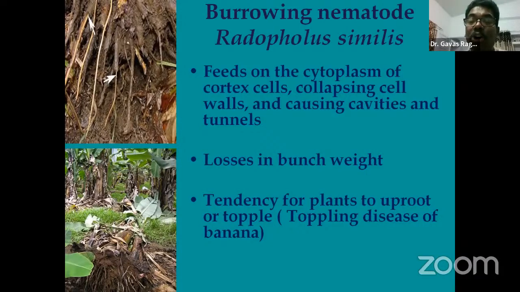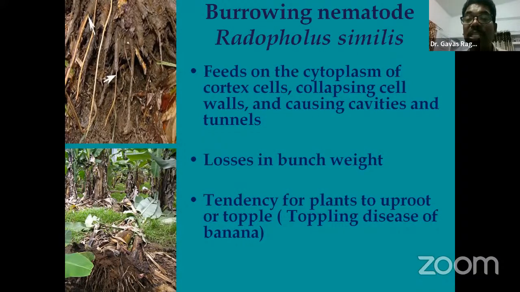The second one is the root knot nematode. I will show you the pictures. Root knot nematode is scientifically called Meloidogyne incognita. Coming to Radopholus similis, these are basically migratory nematodes. They move from one root to another and continuously cause damage by feeding.